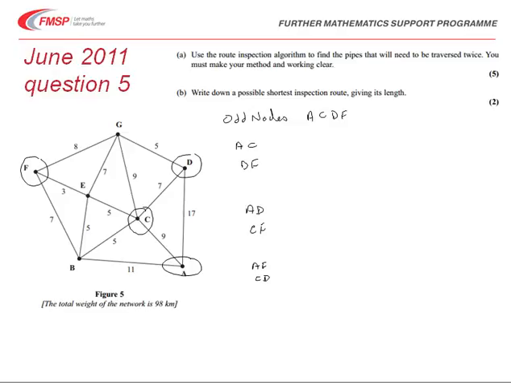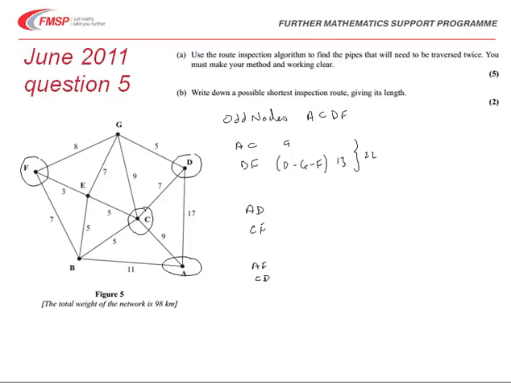Well, from A to C, clearly that's 9. That's quite straightforward on the diagram. From D to F is actually D to G to F, and it's worth keeping track of that because it will be important later on. So from D to G to F, that's 13. So in total, that gives us 22 kilometers.